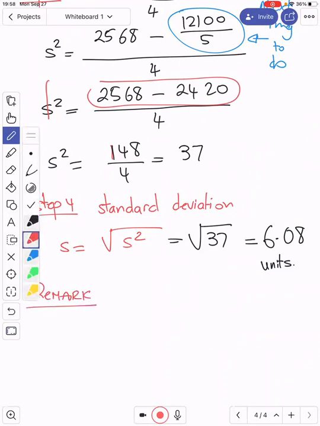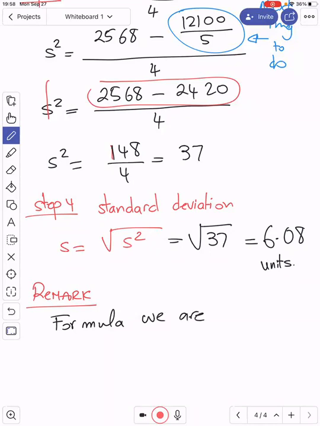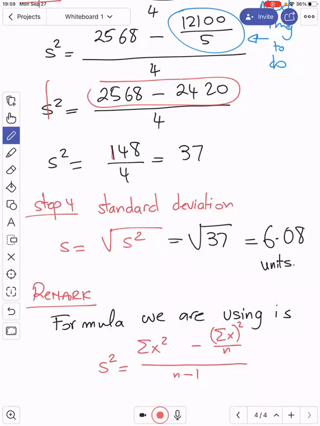The formula we are using for the variance, S squared, is the sum of X squared minus the square of the sum of X over N, and the whole thing divided by N minus 1. That's what we use to compute the sample variance.